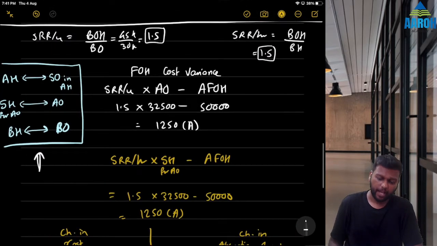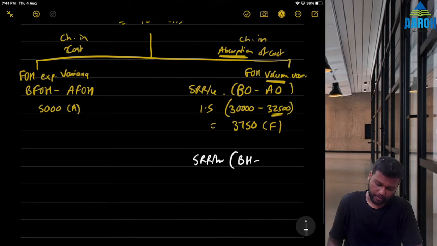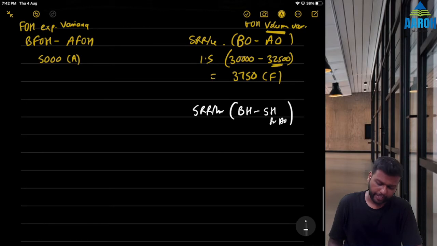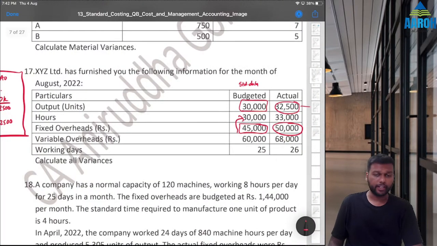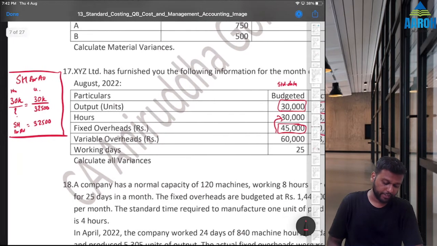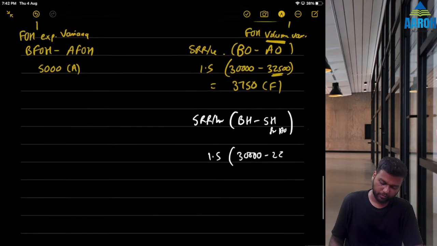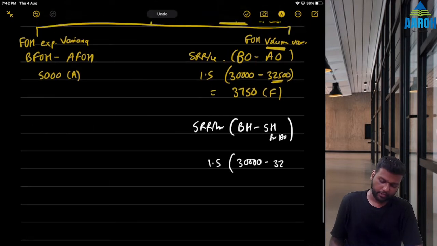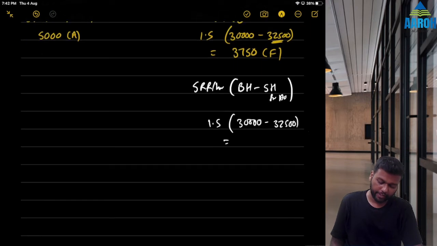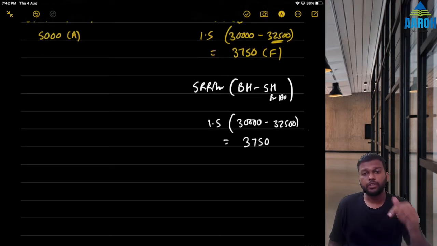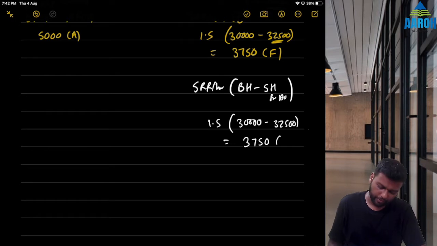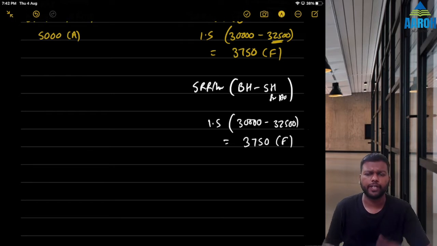Actual output will become standard hours for actual output. We already have calculated this. 1.5 into bracket: budgeted hours are 30,000 and standard hours we have calculated 32,500. How much is this? 2,500 into 1.5, again 3,750. Now this is negative, but still this is favorable because we have done nothing but converted output to hours. That's it.